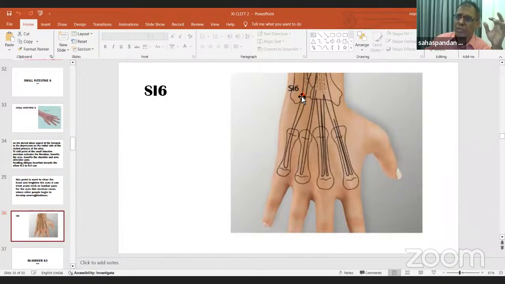This is the ulnar side of the wrist on the dorsal side, and this depression, you will feel the depression when you semiflex your arm. Who can locate this point? Did you locate it? Exercise 6. Type in the chat box.